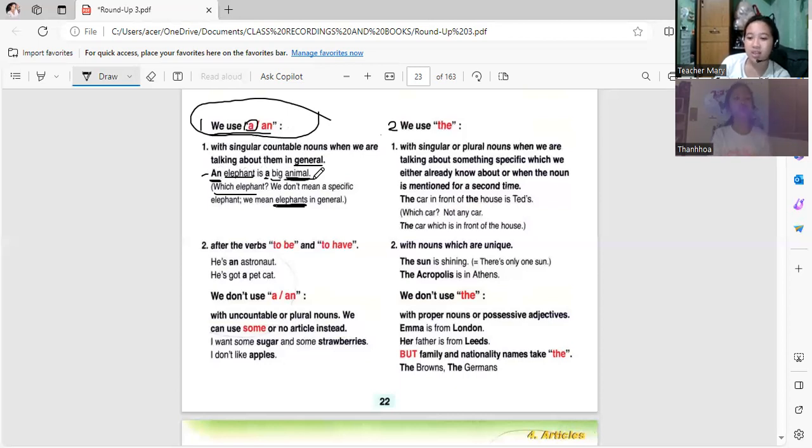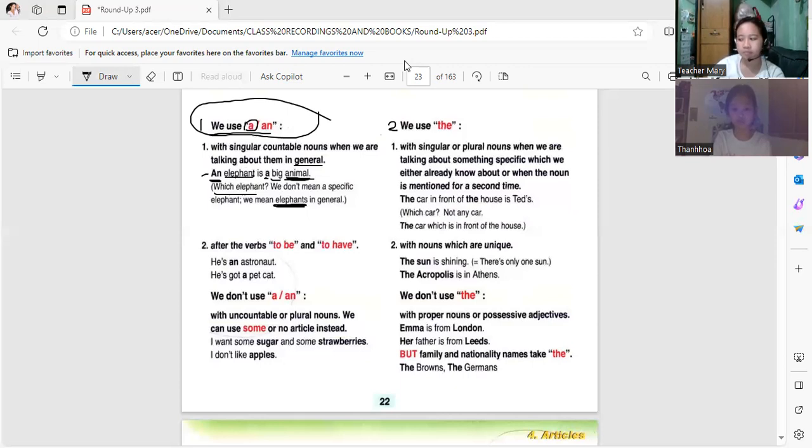Okay, do you get the point, Tan? Or are you confused? Are you confused? No. Okay, I will give more examples here in our chat box about the singular countable nouns that we are talking about in general. Okay.